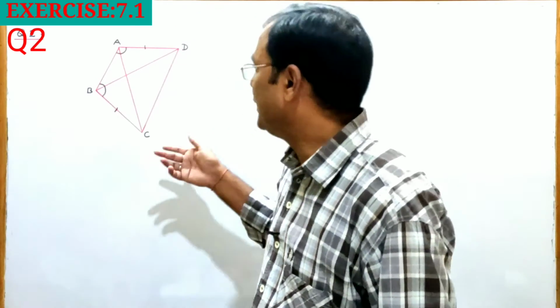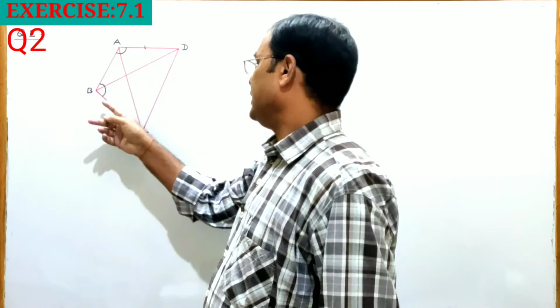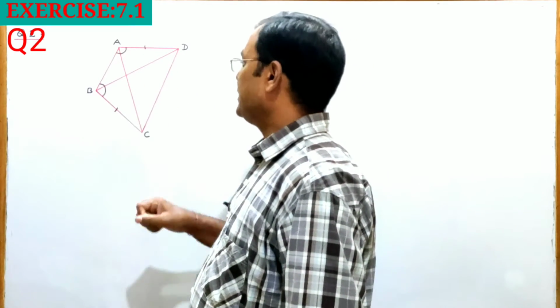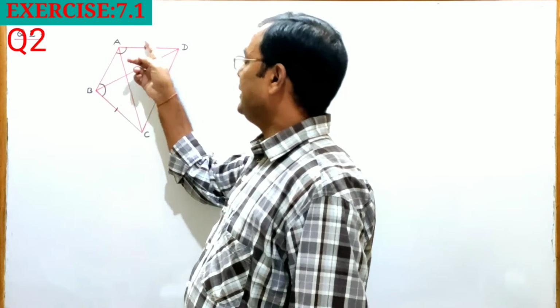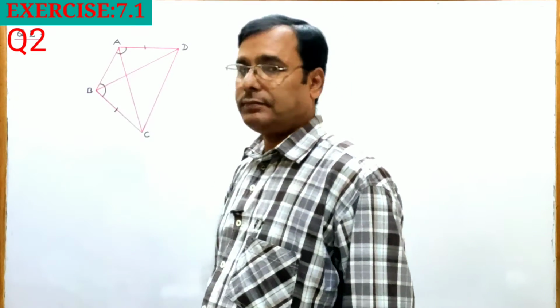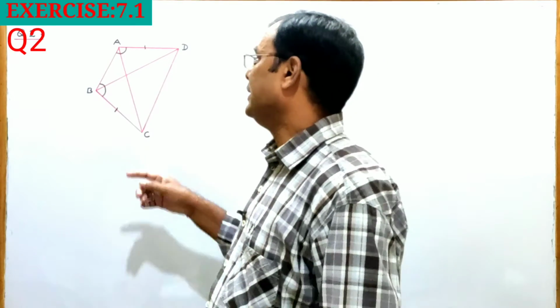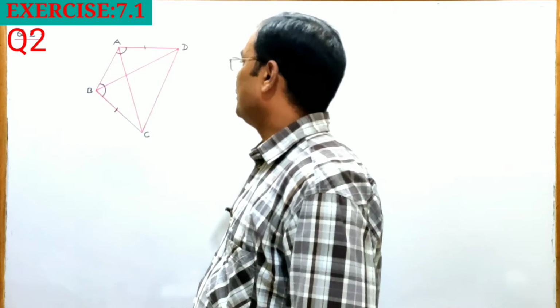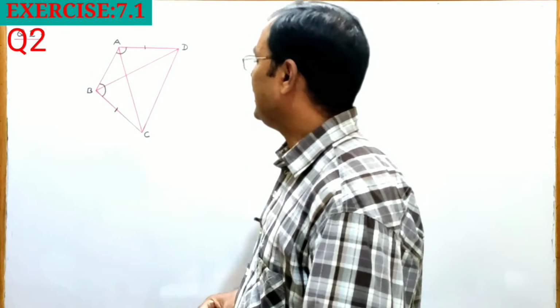So in this given figure, ABCD is a quadrilateral, AD is equal to BC and angle DAB is equal to angle CBA. Then we have to prove that triangle ABD is congruent to triangle BAC.